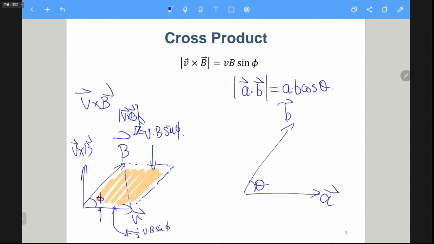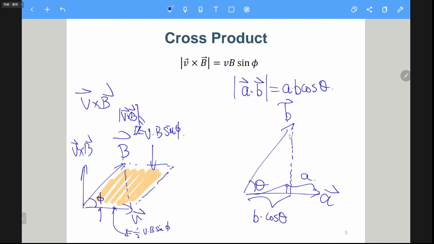It is like the projection of B on A. This is the adjacent side, so this is B cosine theta. So B cosine theta times A, where this one is A. So A times B cosine theta will be the dot product.